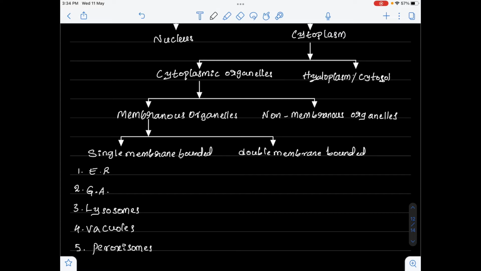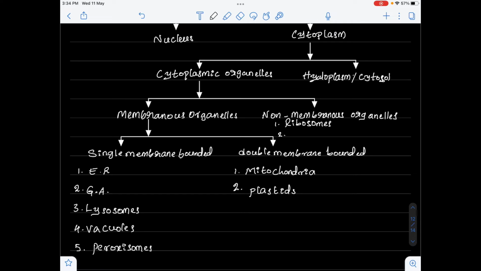Double membrane bounded cell organelles are mitochondria and plastids. Non-membranous cell organelles are ribosomes and centrioles.